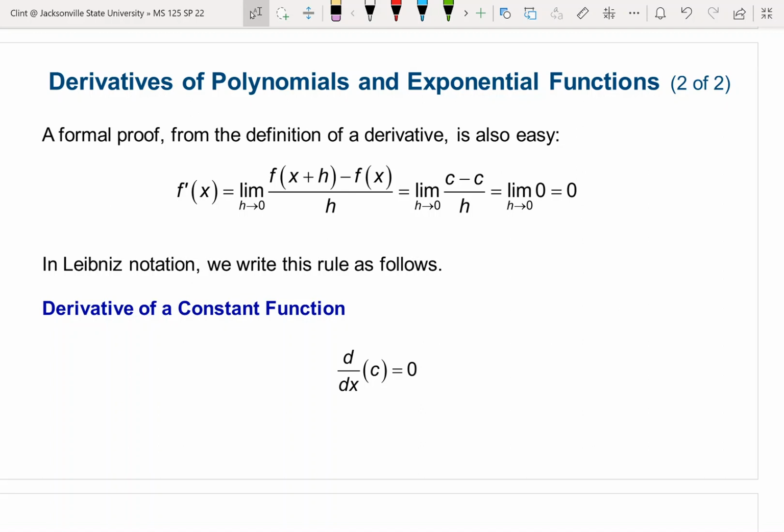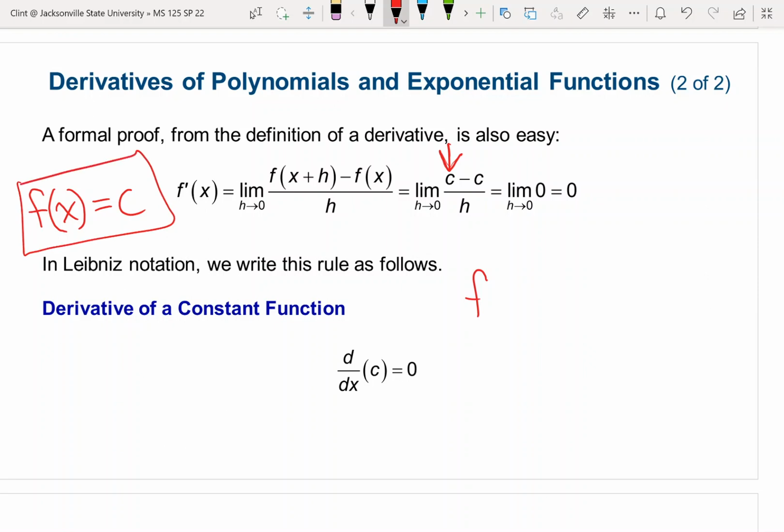So this piece. Let me change my pen size here a little bit. This piece, how are we getting that for f of x plus h? So what would f of x plus h be?